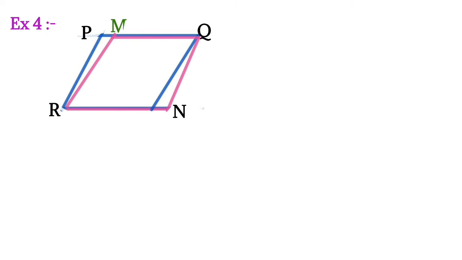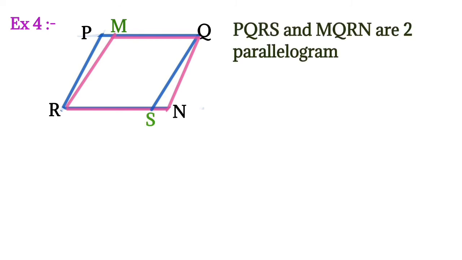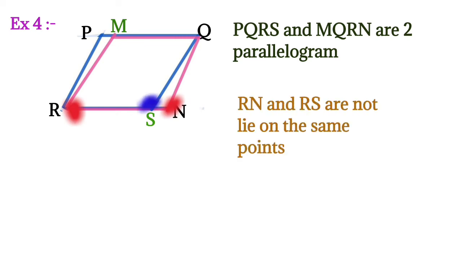Come to the fourth example here. PQRS and MQRN are two parallelograms. Do these figures lie on the same base and same parallel? No, we cannot say same base because RS and RN points do not lie on the same points. So these are not on the same base.